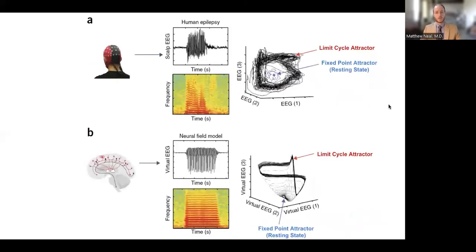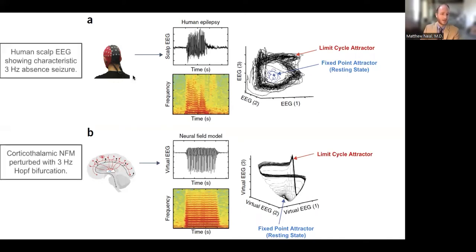We can see neural field models applied in epilepsy, and this is really cool. You've got figure A. This is scalp EEG data of an absence seizure, and the spectrum of it below. On the far right, you can see the phase portrait for the absence seizure. There's a limit cycle attractor and a fixed point attractor.